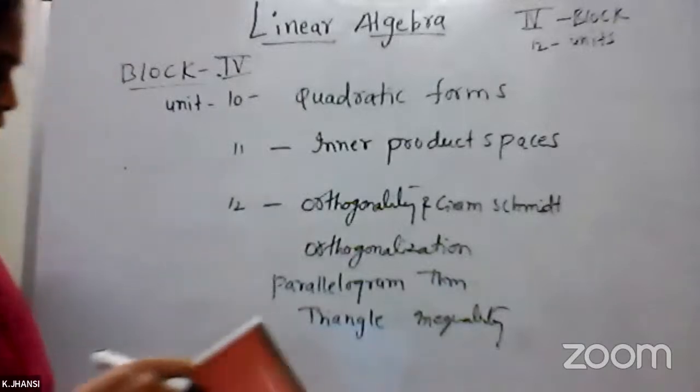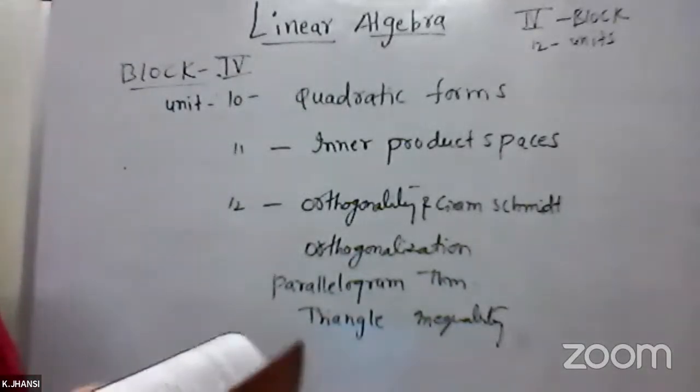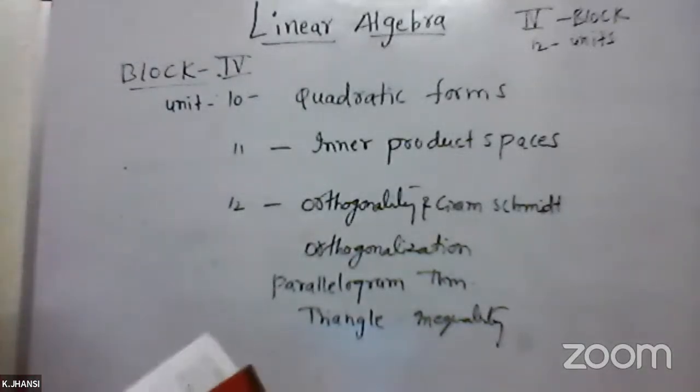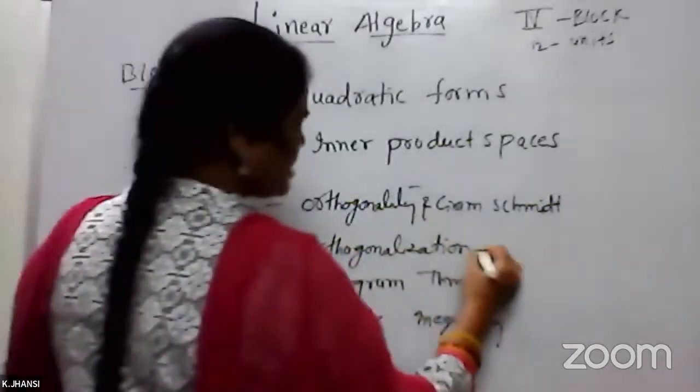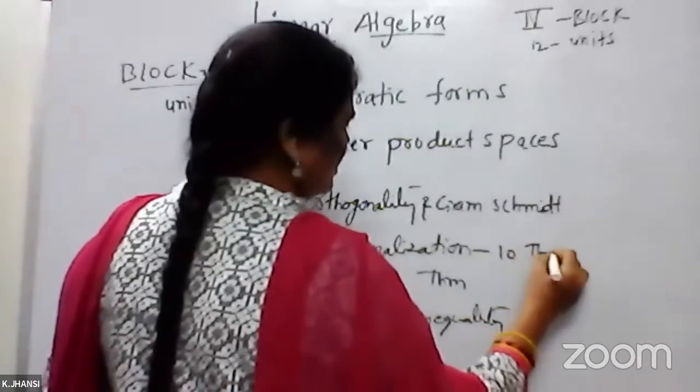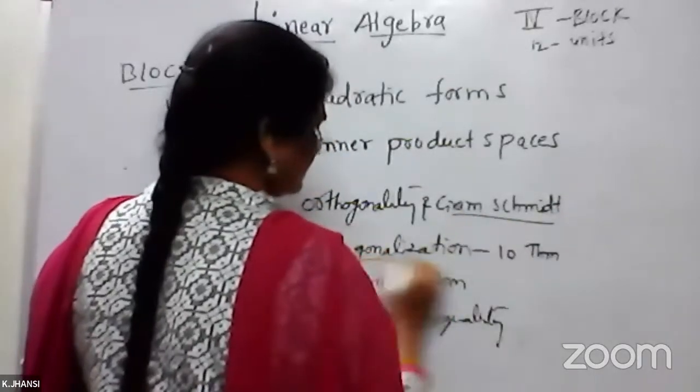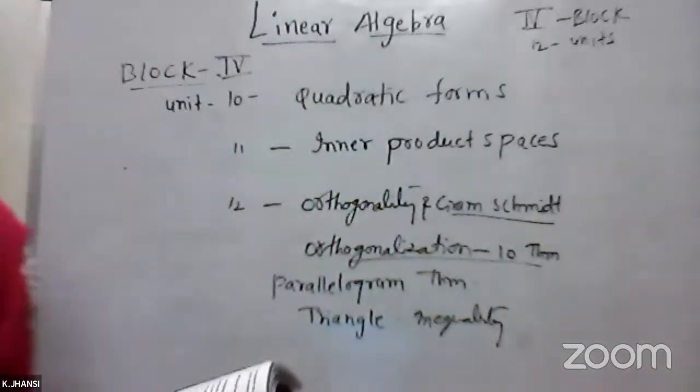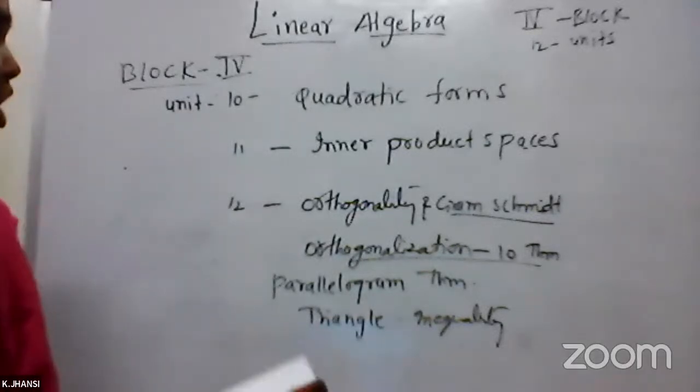Okay. And the last, 12th unit, is orthogonality and Gram-Schmidt orthogonalization. This is the 10 marks theorem you will have. Compulsory you will get this one. This theorem is there, state and prove the Gram-Schmidt orthogonalization.